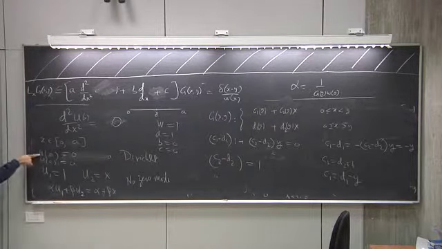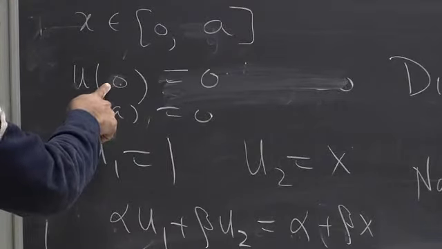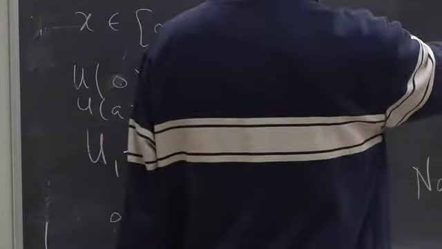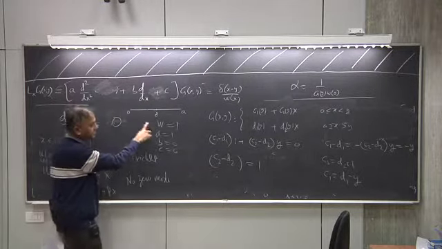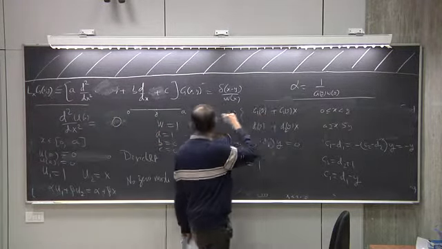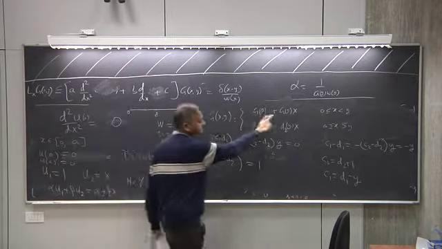So let's look at the first equation. That is x equal to 0. But x equal to 0 is in this region, so I have to look at this function, because the Green's function in this region is given by that.